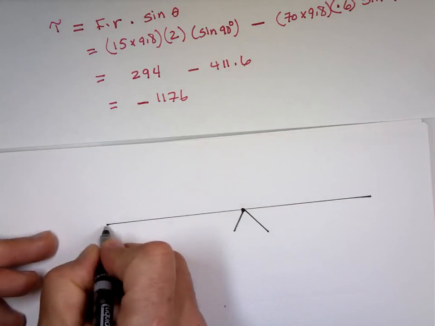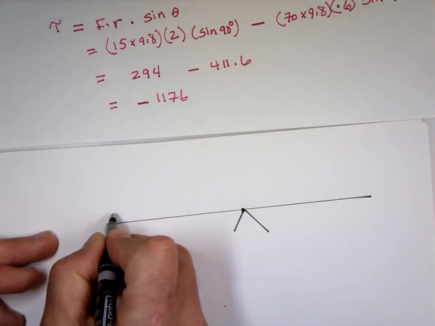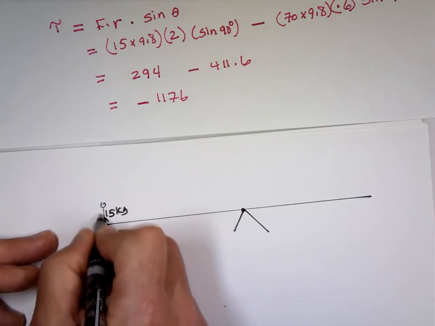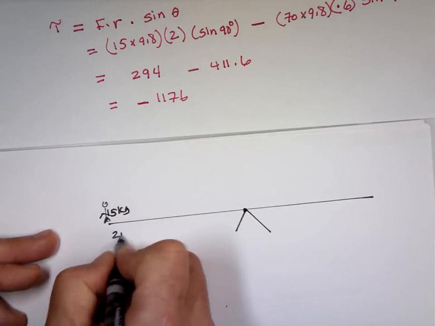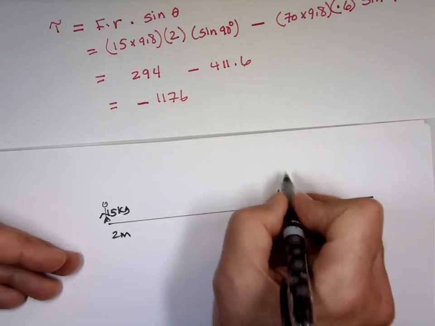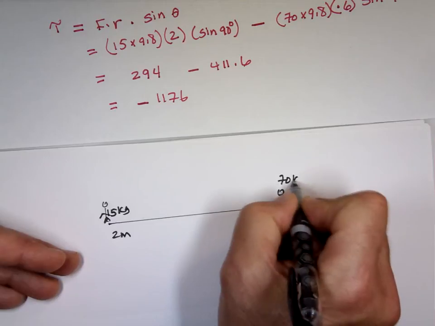We know this is the 15 kilogram here, at 2 meters. This is you here, 70 kilograms, and the distance is X to the pivot point.